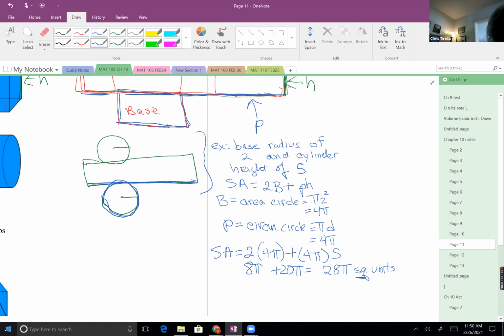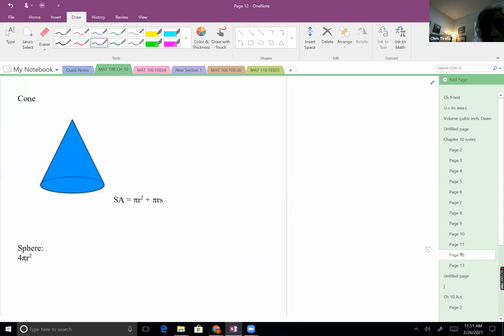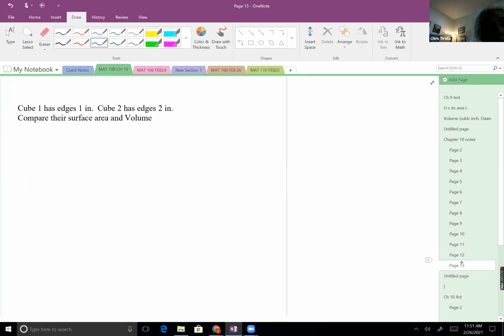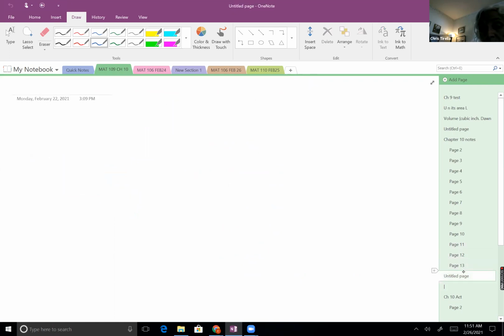And I'm looking at the clock, and I wanted to get to the surface area of a pyramid, and I did not yet. And so we will pick up there on Monday. We just have to look at the ratio between length, area, and volume.